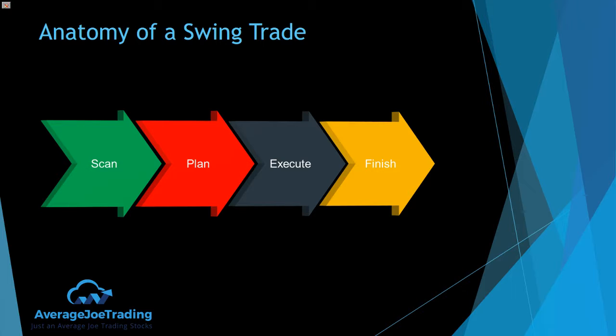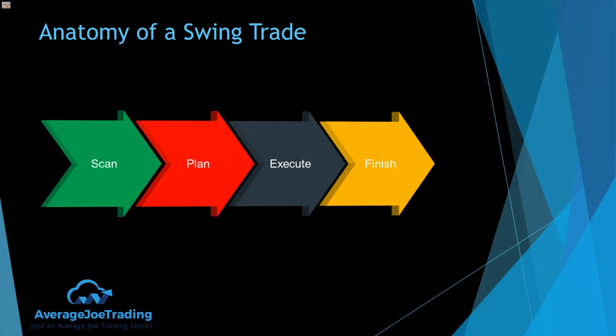But a big key of execution, and a big key for making sure all of these things work, is that you finish. And what I mean by finish is you allow the trade to work. You don't micromanage it. You let it run its course, and you let it run to the end.